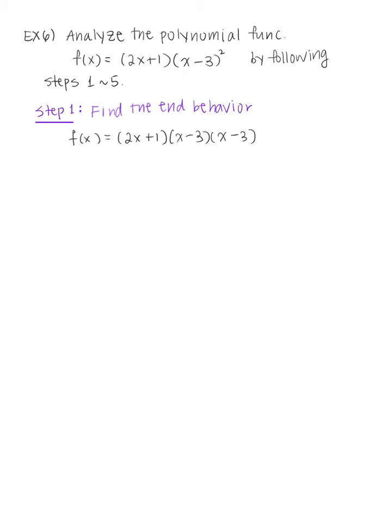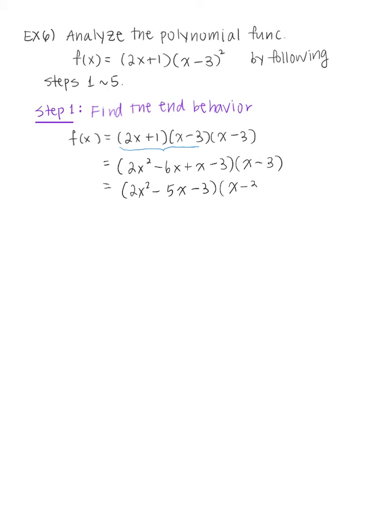But anyways, let's just do this formally. Let me multiply the first two together, which is 2x squared minus 6x plus x minus 3, and then we're going to multiply that by x minus 3. Let's simplify this. We get 2x squared minus 5x minus 3.